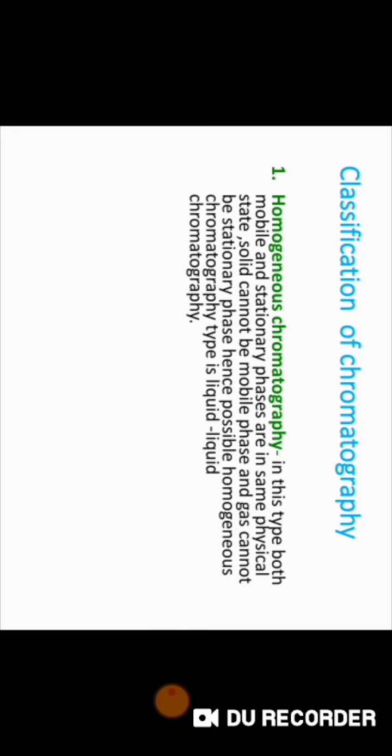One thing we have to keep in mind is that a solid cannot be the mobile phase. We know there is one condition for the mobile phase, that it has to move from one place to another, and a solid is helpless. A solid cannot move from one place to another, so a solid cannot play the role of mobile phase.